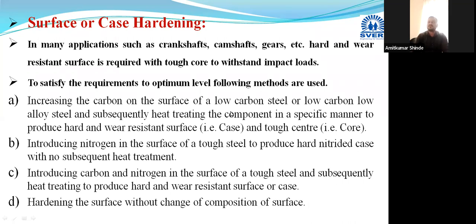Then we discussed the tempering heat treatment process: its purpose, process, and its subtypes like low temperature, medium temperature, and high temperature tempering. We have completed that part.